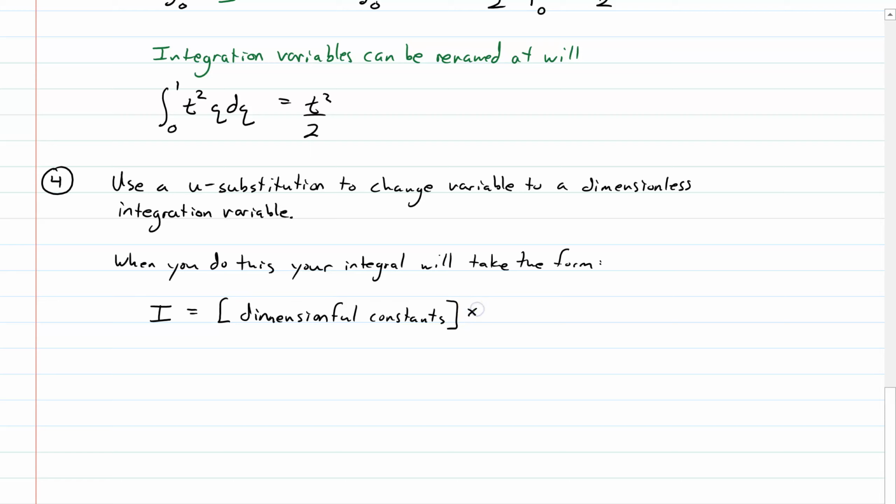And then it will be multiplied by a dimensionless integral, which is just a number, right? So it has no units. This is just a number.